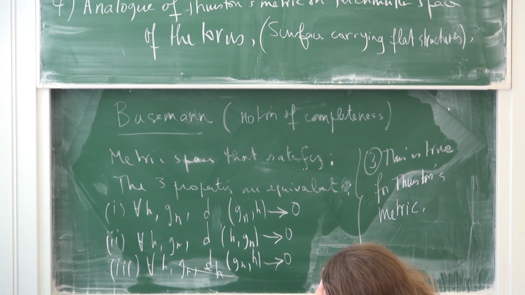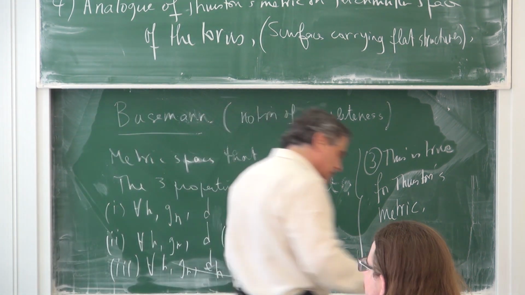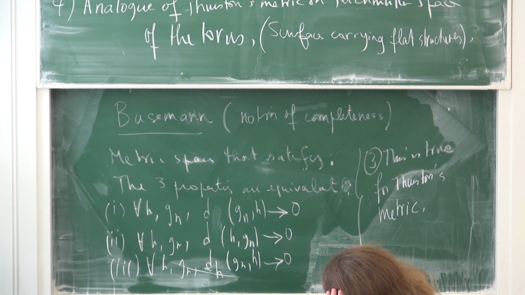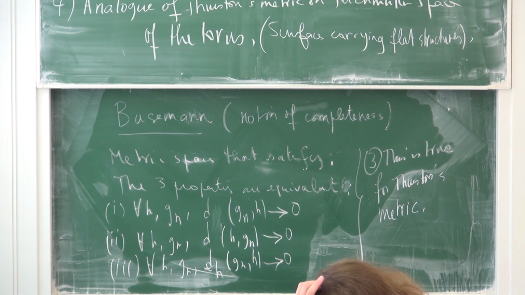When you talk about compactness and so on, this is topological. These are the metrical and topological questions which I know how to answer concerning this Thurston metric.